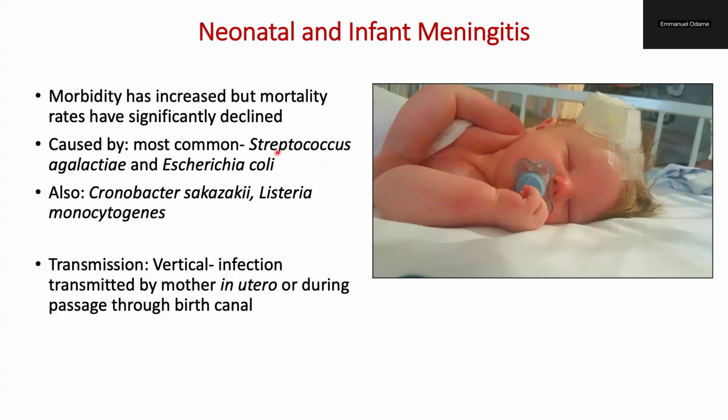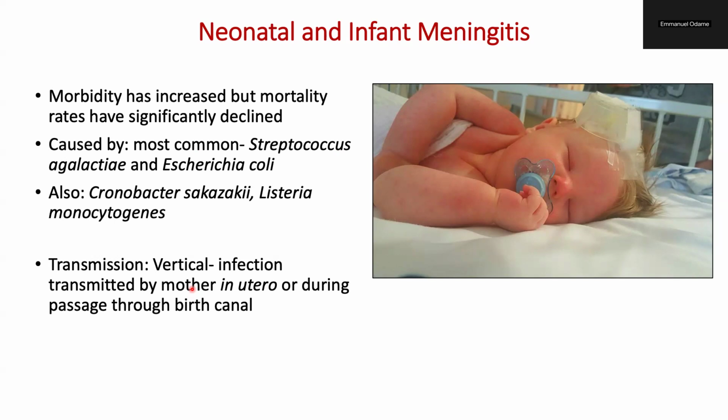Examples include Streptococcus agalactiae and Escherichia coli. We also know it has other bacteria that cause it, such as Listeria monocytogenes and Cronobacter sakazakii. It's transmitted mostly through vertical transmission, where an infection is transmitted by the mother in utero or during passage through the birth canal.